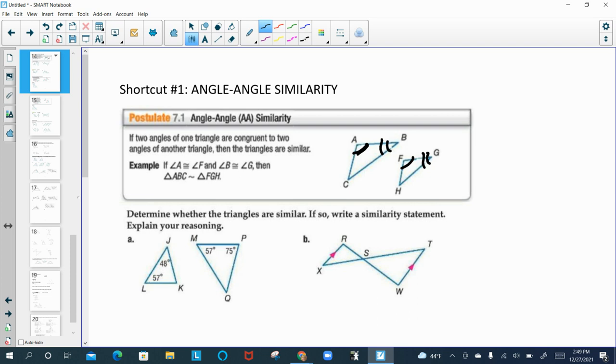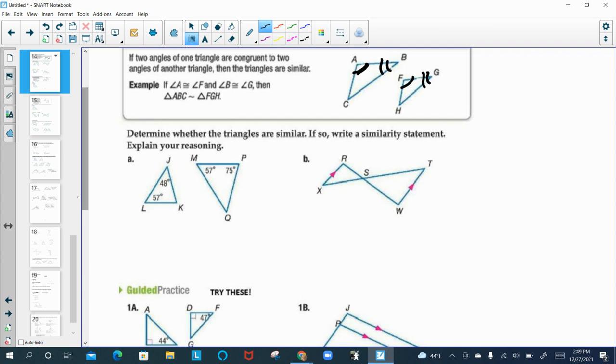So if you look at option A, it says determine whether the triangles are similar, and if so, write a similarity statement. We can see that angle L and angle M are the same size because they're both 57.